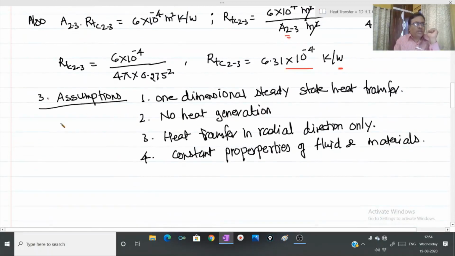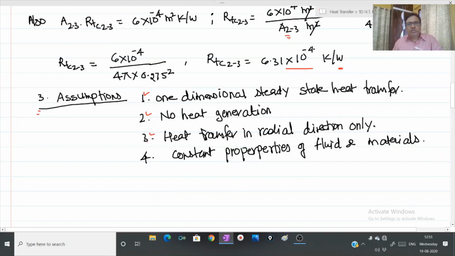The third point is assumptions. We have to make some assumptions. Very first assumption, one-dimensional steady-state heat transfer. There is no heat generation within any layer of this composite sphere system.